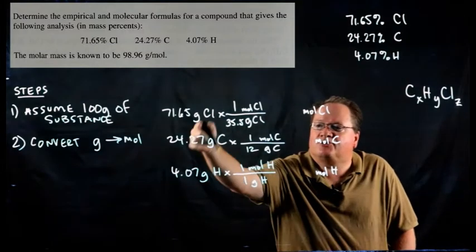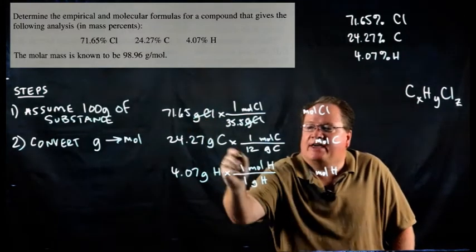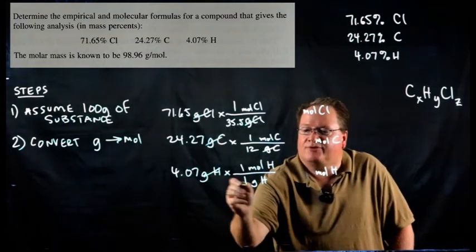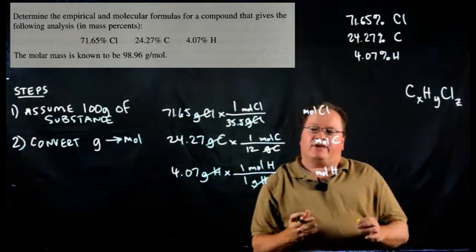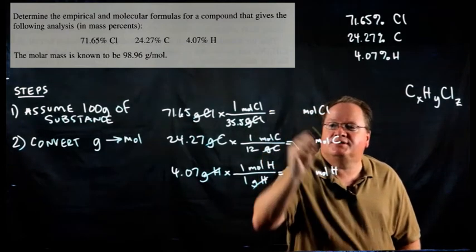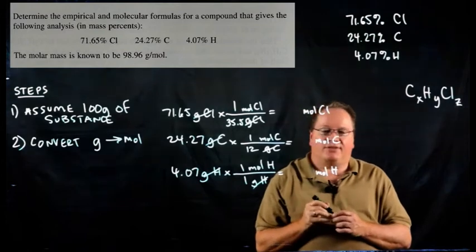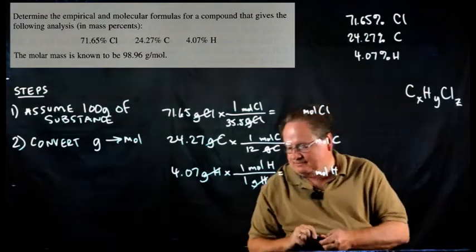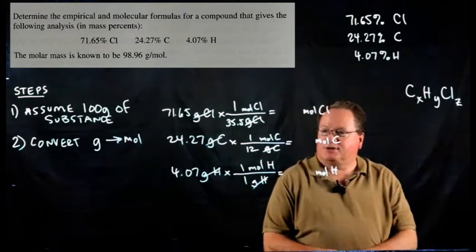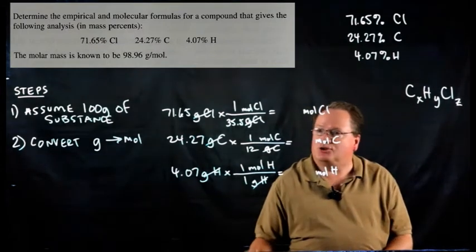What you'll notice with units, these guys all cancel. The grams of carbon, the grams of chlorine, the grams of hydrogen all cancel. And for every one of these little calculations, I'm left with moles. All right? So remember, these are mole ratios, so we have to get these into moles.